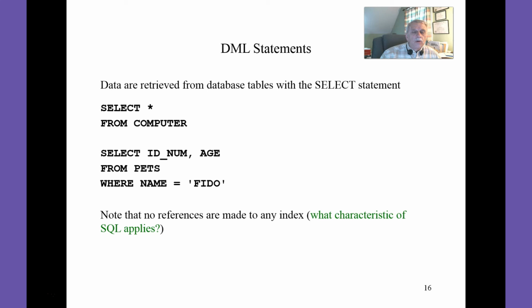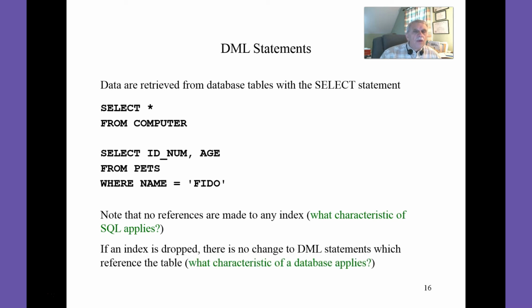So I ask you, what characteristic of SQL applies in this situation? If an index is dropped, there are no changes to the DML statement that are required. The same select that we executed when the index exists could be executed once we've removed the index. Again, I ask you, what characteristic of a database applies in this situation?